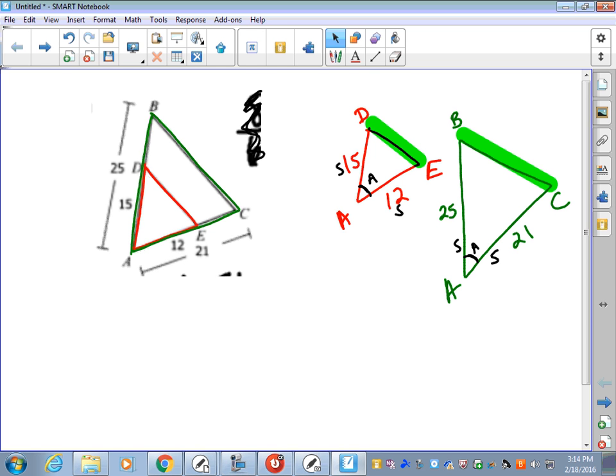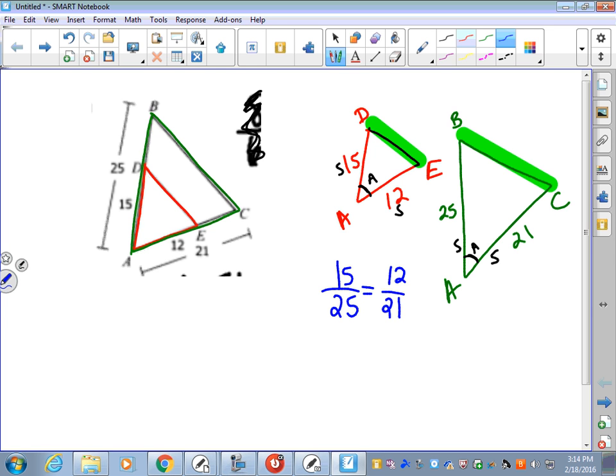All right, so after I check the angle, we know it's congruent. I need to check the sides. What do I need to do with the sides? 15 over 25 proportion is equal to 12 over 21. There we go. Now let's put that in the calculator. And what do we get for 15 over 25?